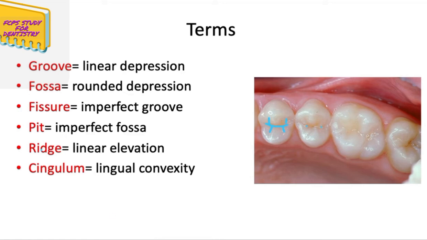A ridge is basically the opposite of a groove. It's a linear elevation of enamel on a tooth crown, and they also come in different shapes and sizes. Marginal ridges are elevated areas that form the mesial and distal borders of teeth.